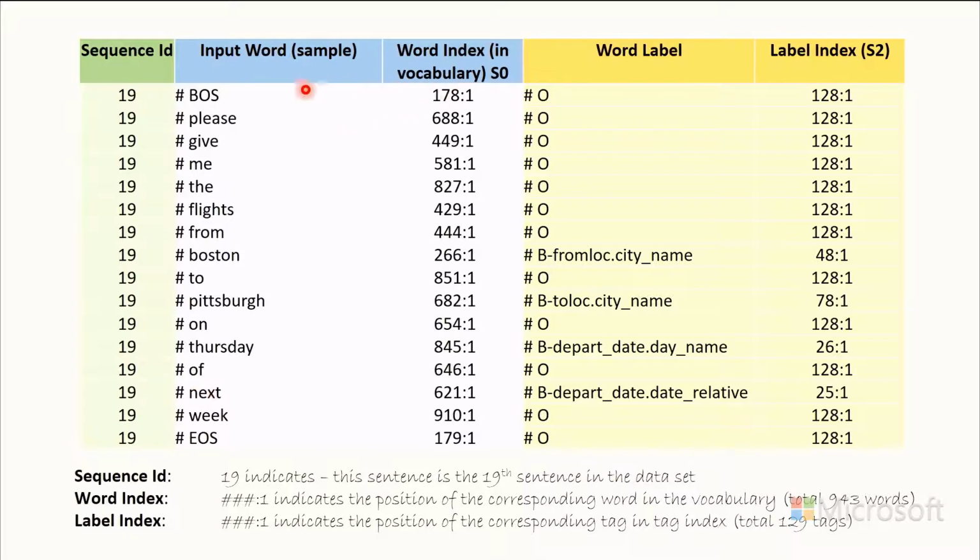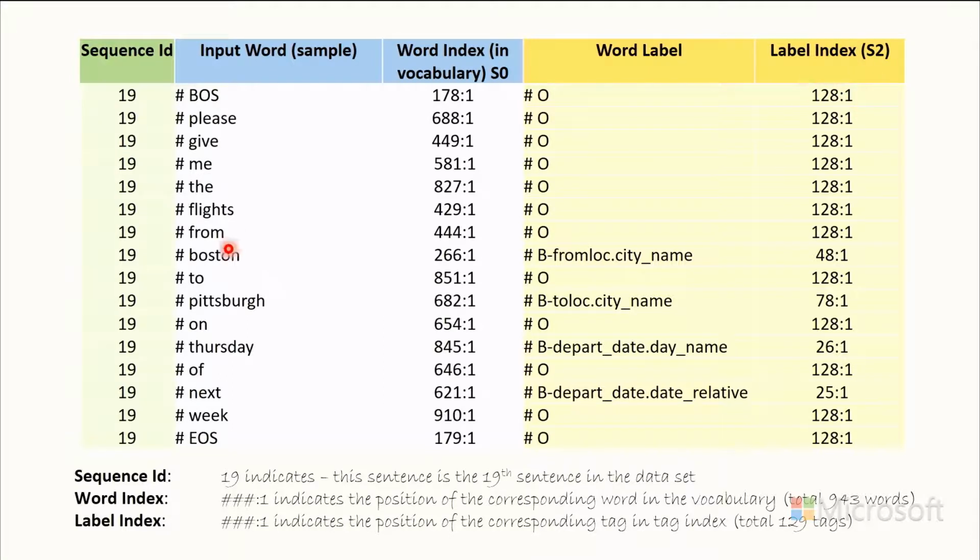And corresponding to that word, there's a label. You can see most of them are labeled as others, which means I don't really care about it. It is some other token. And in each case, we have the corresponding index similar to the word index where that token is present.